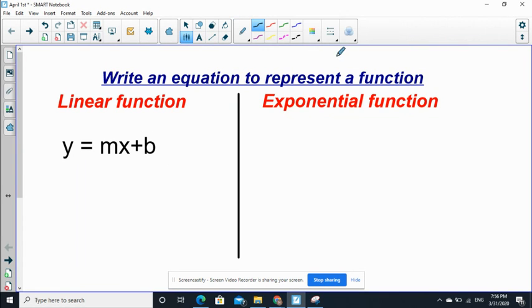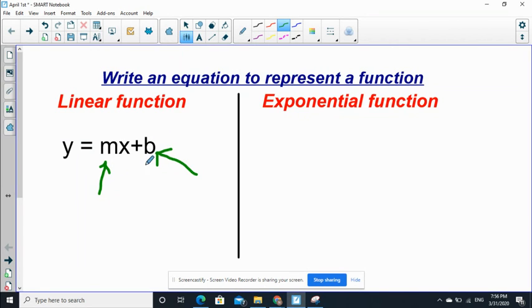M is the rate of change. And b is the initial value or the constant or the starting point. If you want to graph this equation, this is the starting point or the y-intercept.